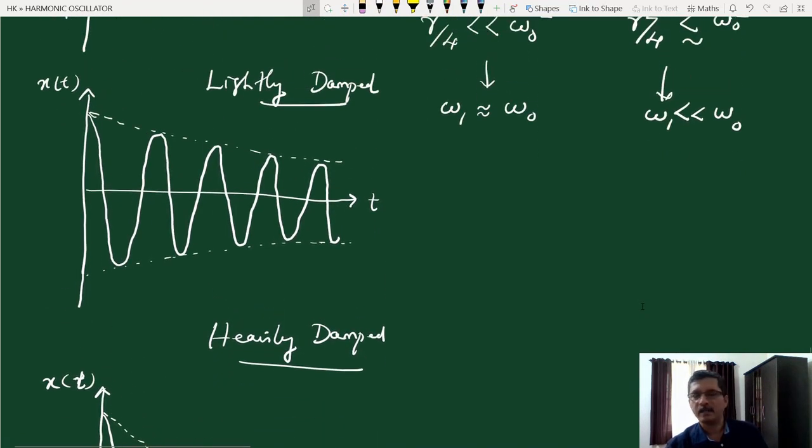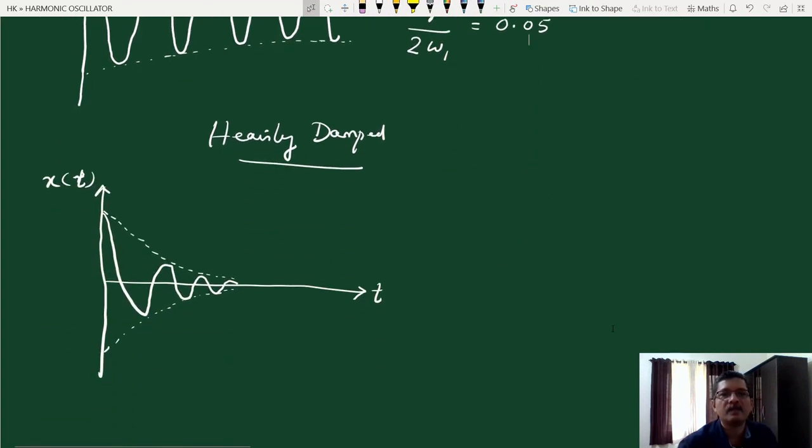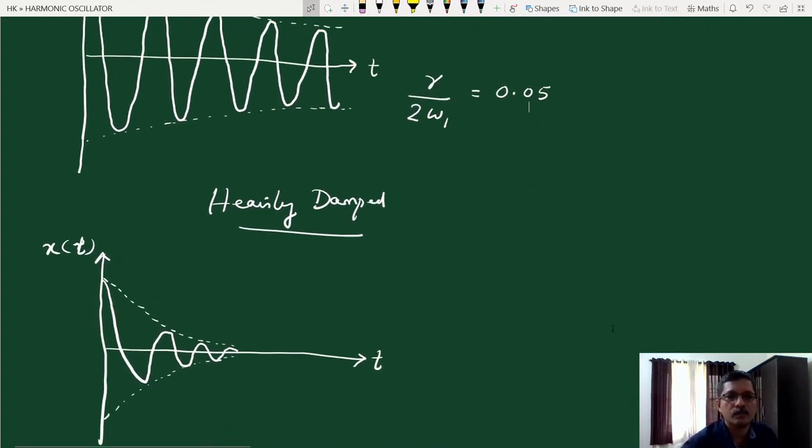Usually the lightly damped case and heavily damped case we can express in terms of the ratio between gamma and omega 1. For example, in this case, gamma by 2 omega 1 will be very small compared to 1, let us say 0.05. Whereas in a heavily damped case this ratio will be significant.